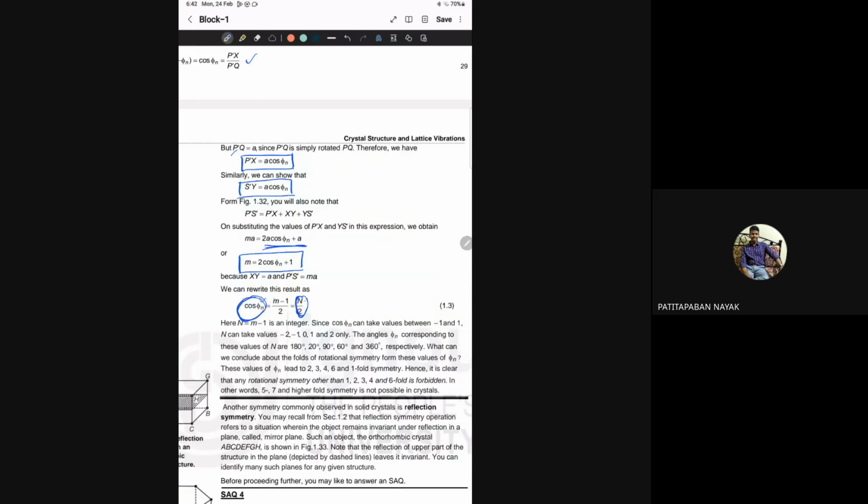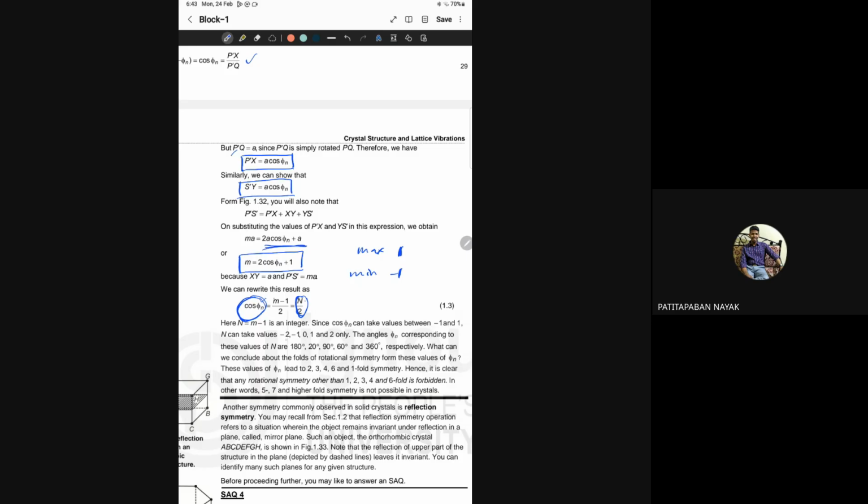Left hand side is cos phi n. What is the maximum value of cos phi n? Maximum is 1. Minimum is minus 1. So this left hand side value will be in between minus 1 and 1. So for which values of N will this be between minus 1 and 1?